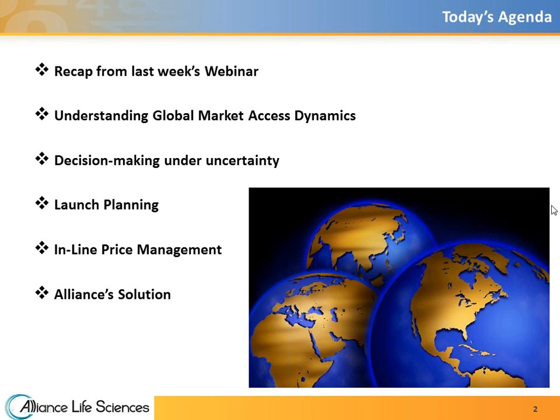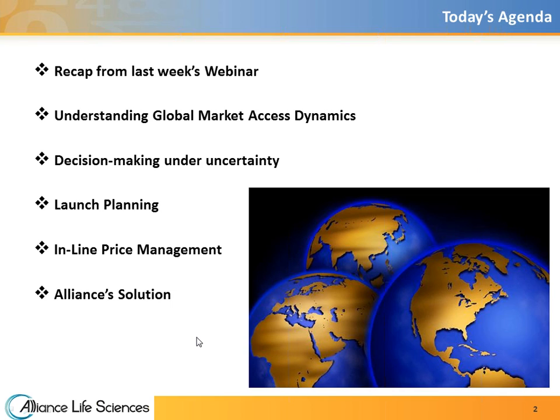Then, after that, we'd like to go into some specifics around two key areas. One is in the early launch phase: how do we do launch planning, particularly with reference to how you optimize launch sequencing. And then after that, we will get into more inline price management issues, particularly focusing on reference pricing and how some of the operational price management issues affect your overall strategy, and from an operational perspective, what you can do to optimize those decisions.